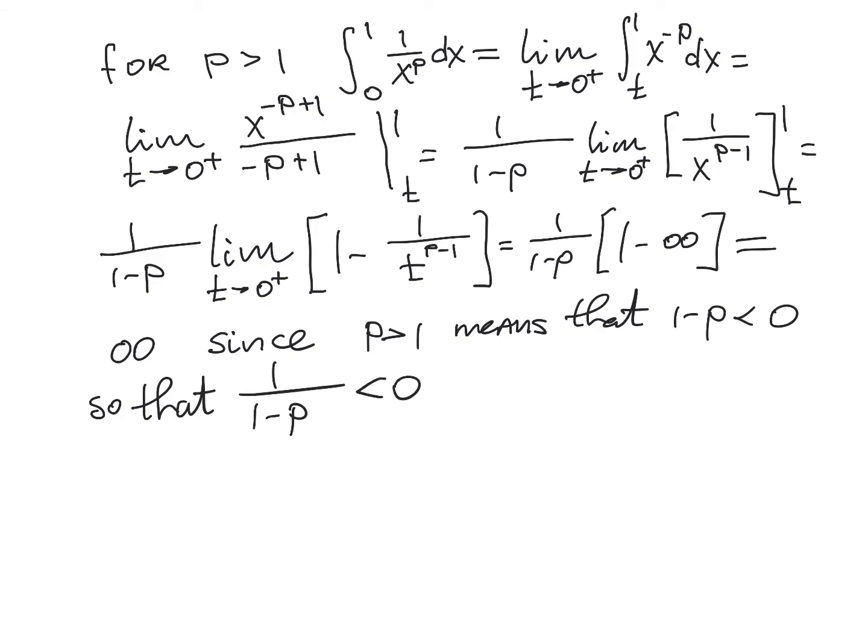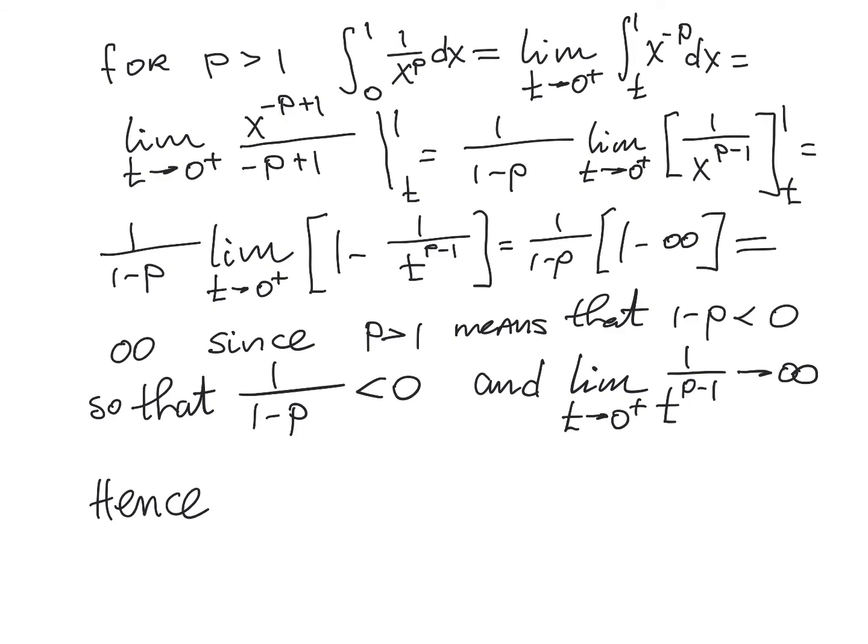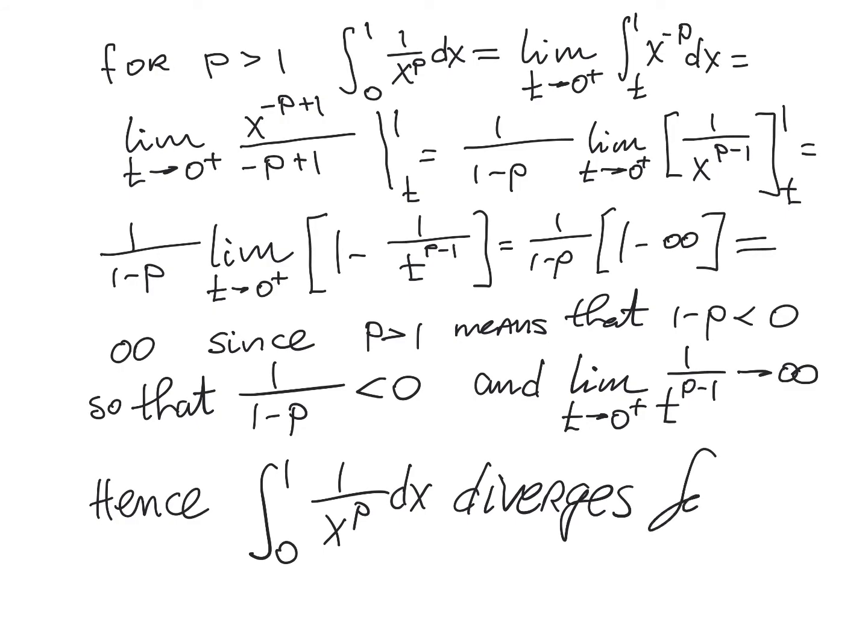That constant in front of the limit is negative, and p minus 1 is positive, so the limit as t approaches 0 from the right of 1 divided by t to the p minus 1 is 1 over a small positive number, which means it's going to positive infinity. Hence, the integral from 0 to 1 of 1 divided by x to the p dx diverges for p greater than 1.